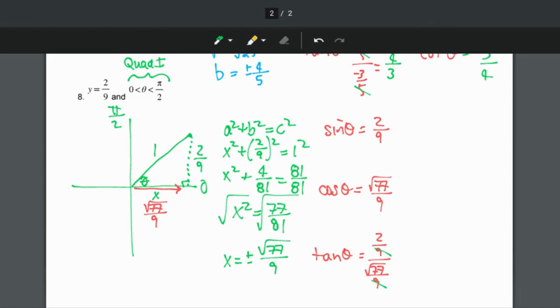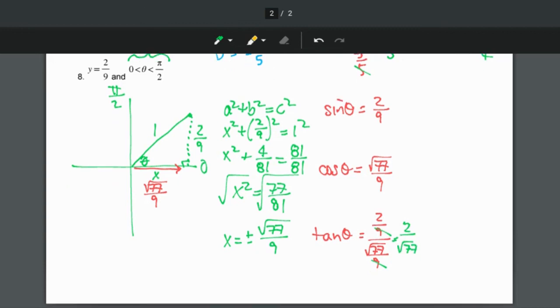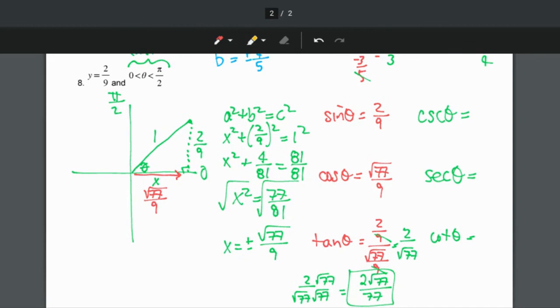So if we multiply by 9/9, those 9's cancel out, and we are left with 2/√77. As a reminder, you can't leave a radical in the denominator. So if you do have one, you multiply by that radical, and you end up with 2√77/77. For my 3 reciprocal functions, I'm just going to take the reciprocal of the corresponding trig function.